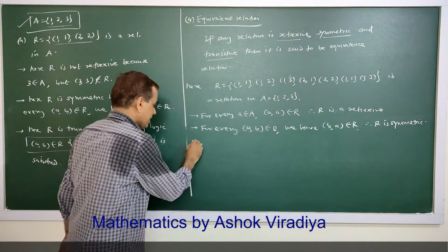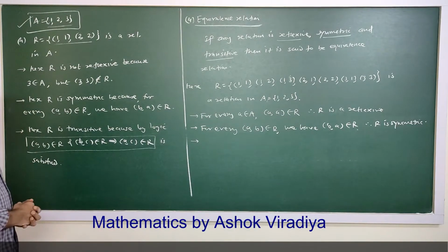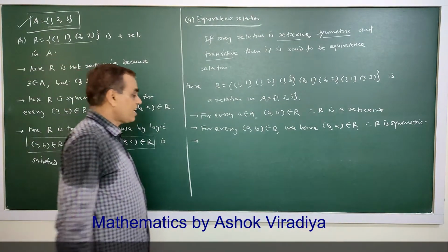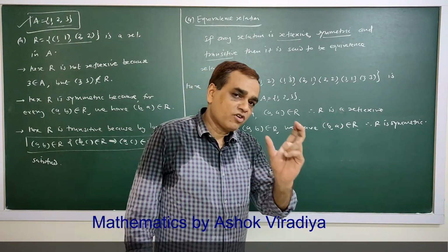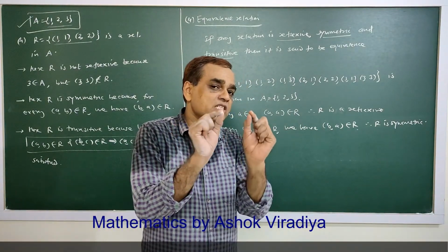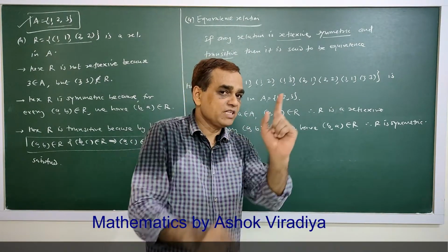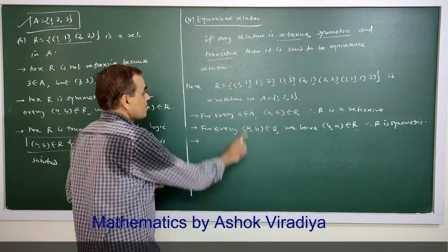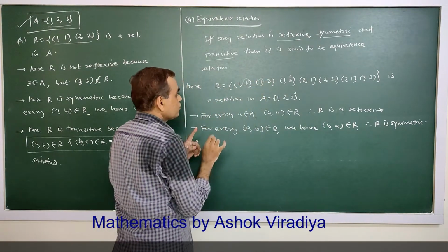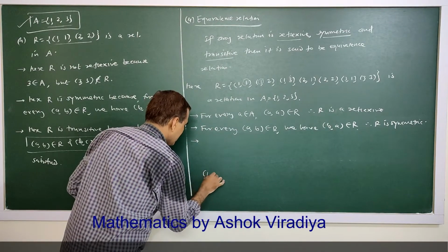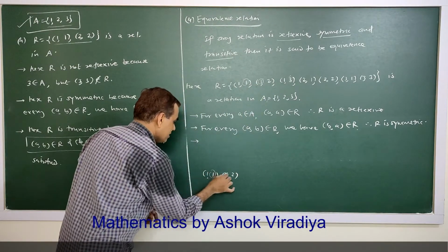Now the third property, transitivity. What do we check for transitivity? AB and, for all pairs of elements in which B is in common, AC must be in R. So say here 1 1, 1 2. 1 is in common.